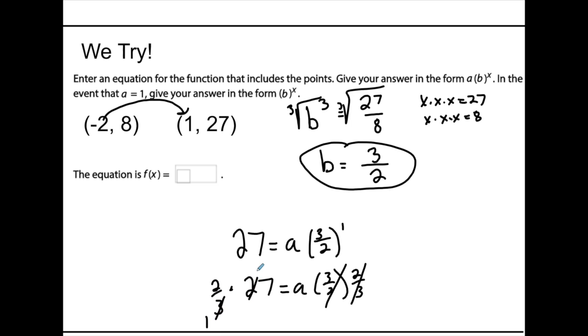And that cleans up as this. So a is equal to 18. So my final function, bringing it together, 18 times 3 halves to the power of x, or 1.5. Okay, you could also use a calculator to help you with some of this evaluation.